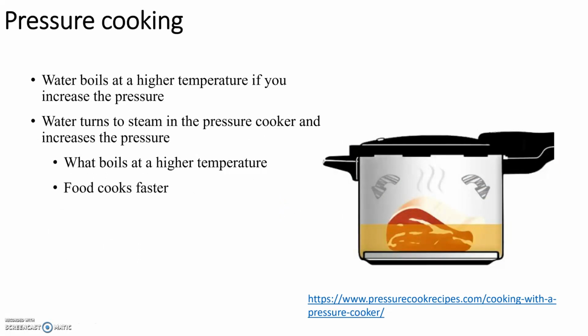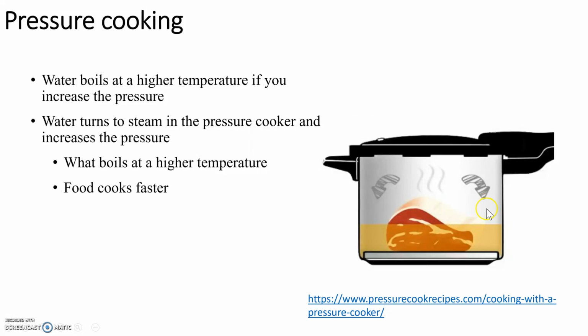That relationship between boiling temperature and pressure also comes into play when you're looking at pressure cookers. Instant Pots are the rage currently. This is a pressure cooker. What is happening in a pressure cooker is you have water. You're heating up that water to the boiling point.